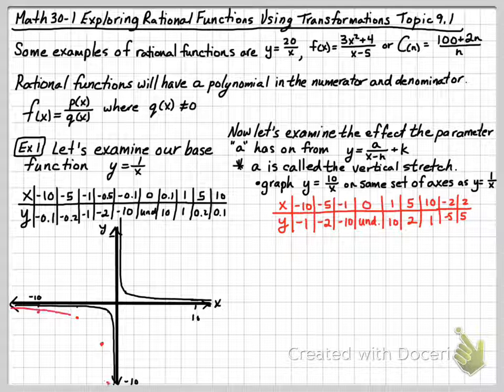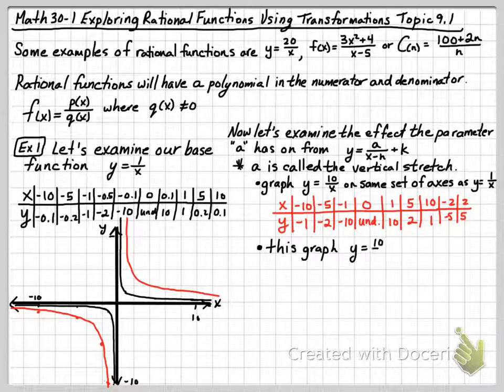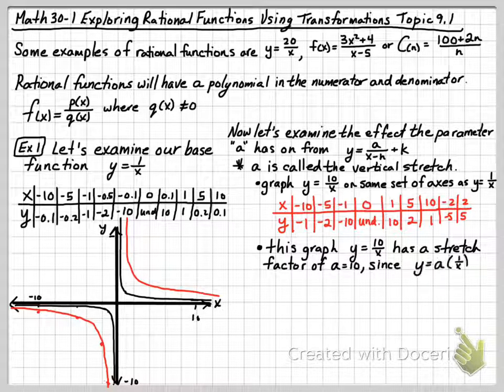Notice that there's still going to be a horizontal and a vertical asymptote at x equals 0 and y equals 0. It's said to have a stretch factor of a equals 10, since y can be written as a times 1 over x, or 10 times 1 over x.